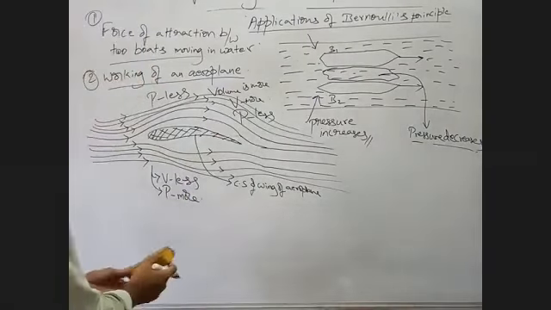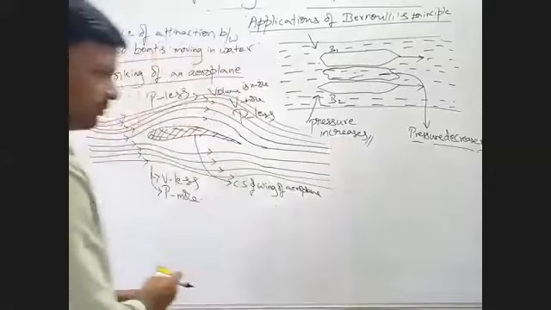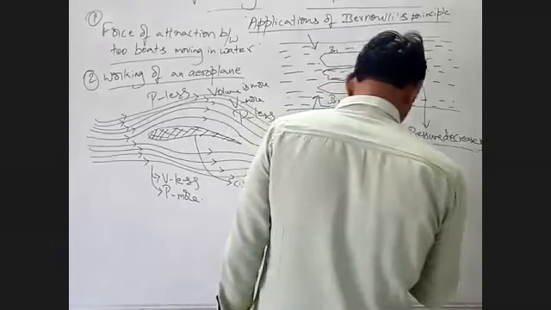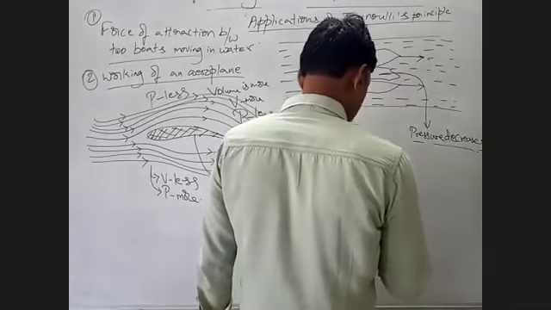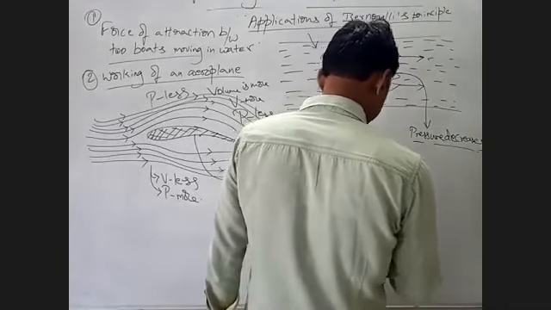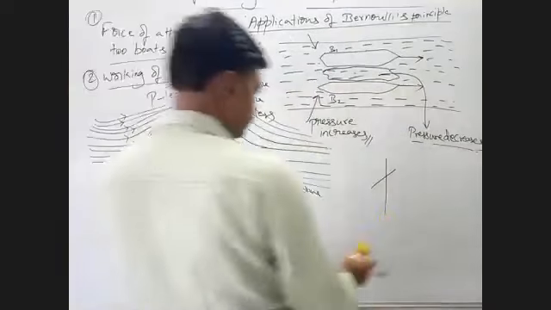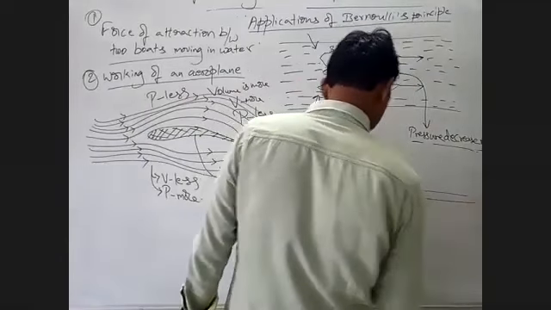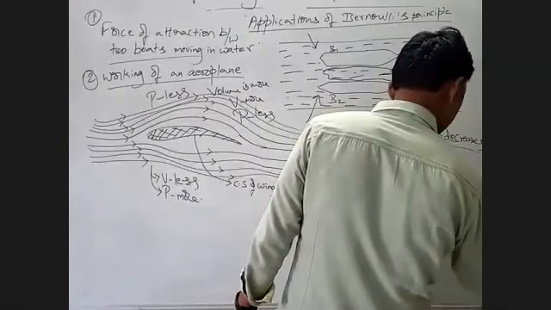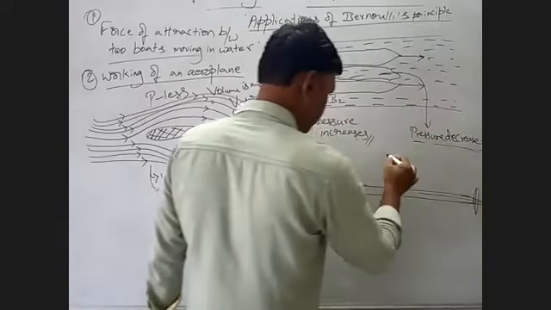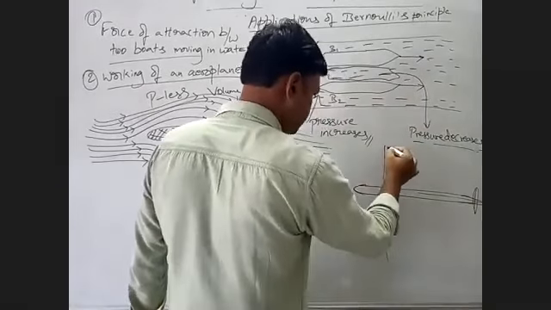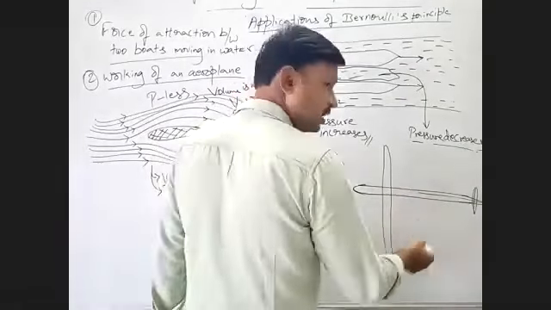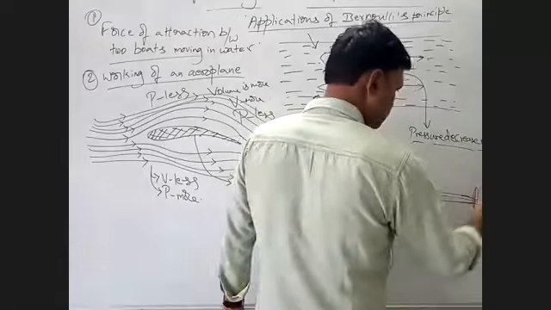So this is the situation. Now what happens? Suppose you just imagine, I am not so good at drawing this aircraft, suppose this much is the wing of the aircraft, and here also something is like this.